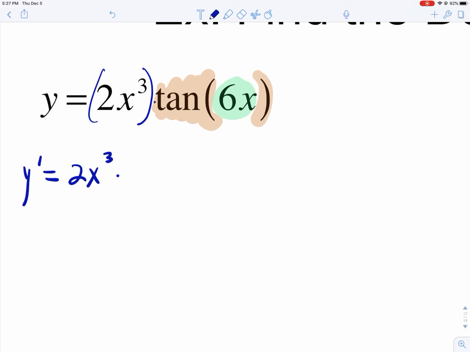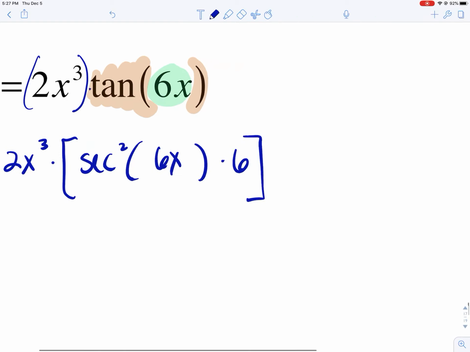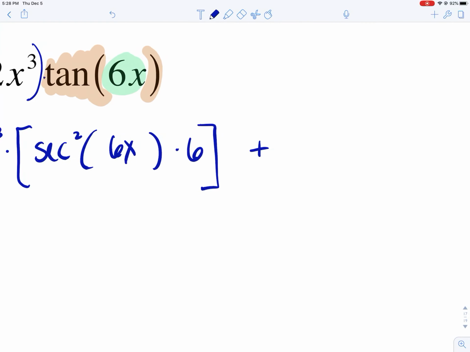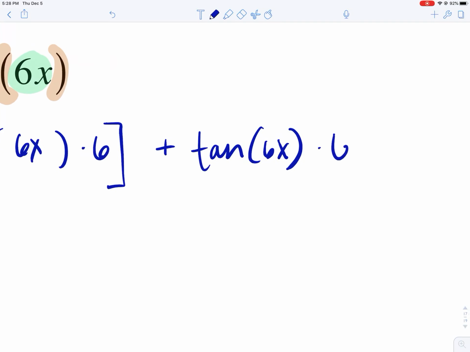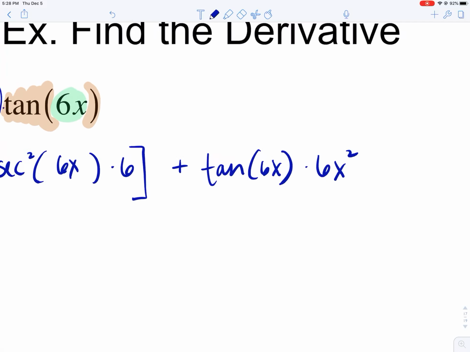So the derivative of the outside is going to be secant squared. We leave the inside alone. Times the derivative of the inside is just 6. Plus the second factor times the derivative of the first factor.